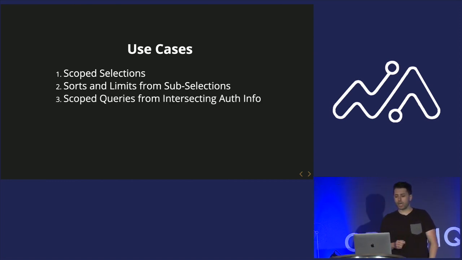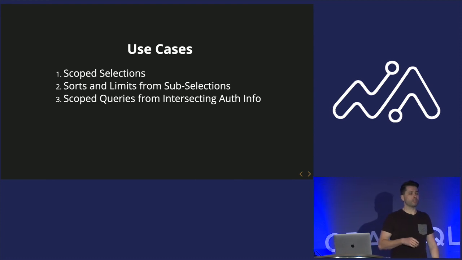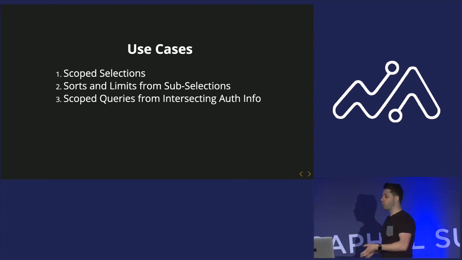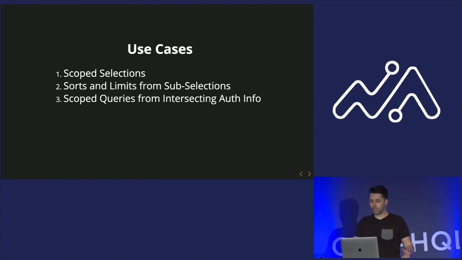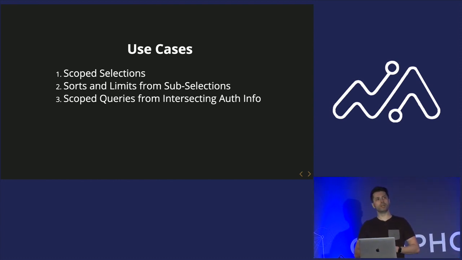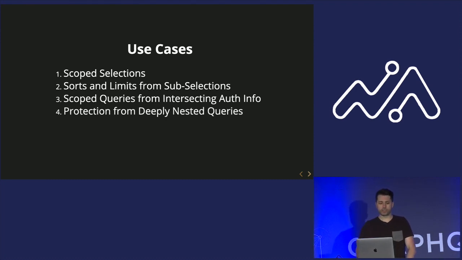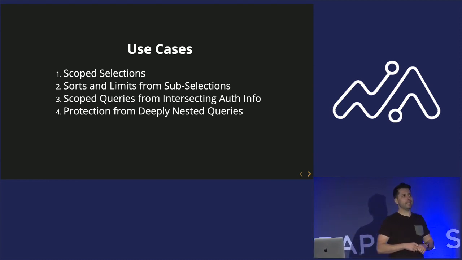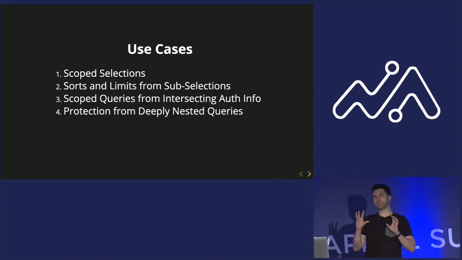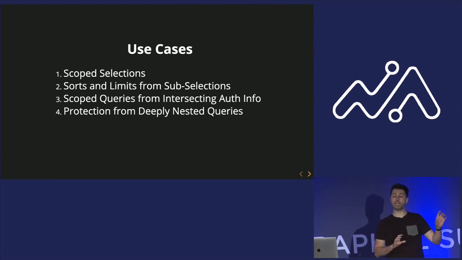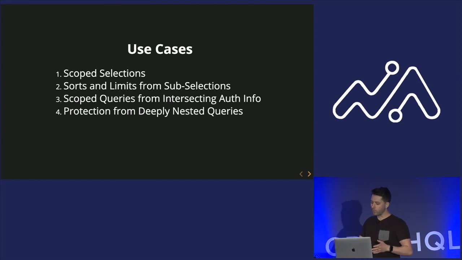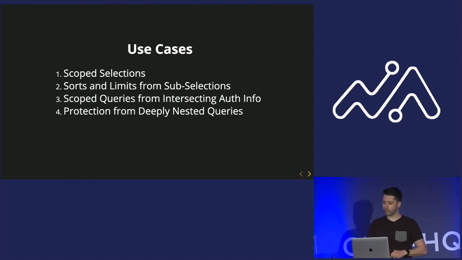We'll talk about auth info, so how we might intersect auth info from something like a JSON web token to build out a query for our database that's a little bit more efficient in terms of how a developer might interact with it, for example. And then the last one, which is kind of interesting, would be protection from deeply nested queries. So if you've got two kinds of data that reference one another in a circular fashion, how we can protect ourselves from deeply nested queries.